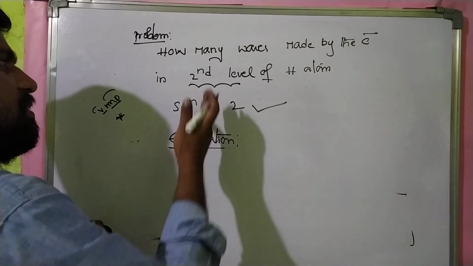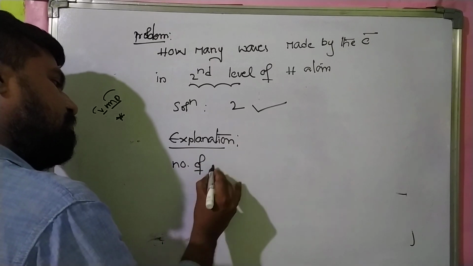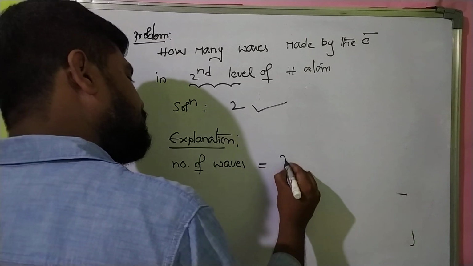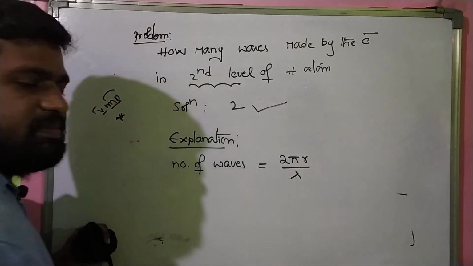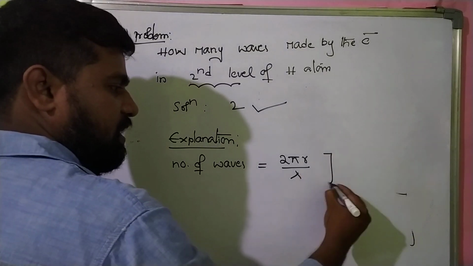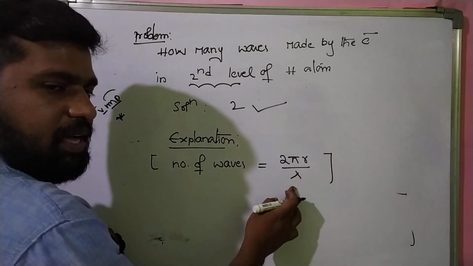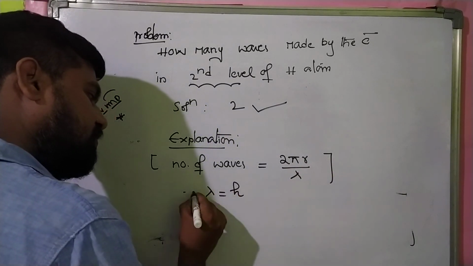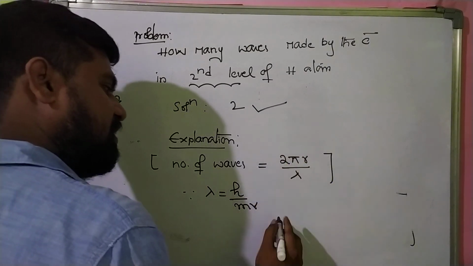For example, the number of waves equals circumference by wavelength. This is the original formula. So number of waves equals 2 pi r by lambda, but we know lambda equals h by mv. Put this value in this.